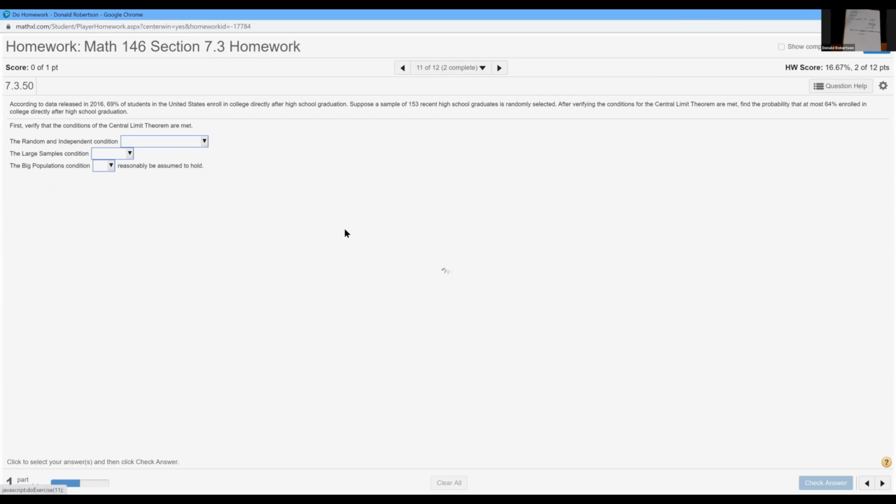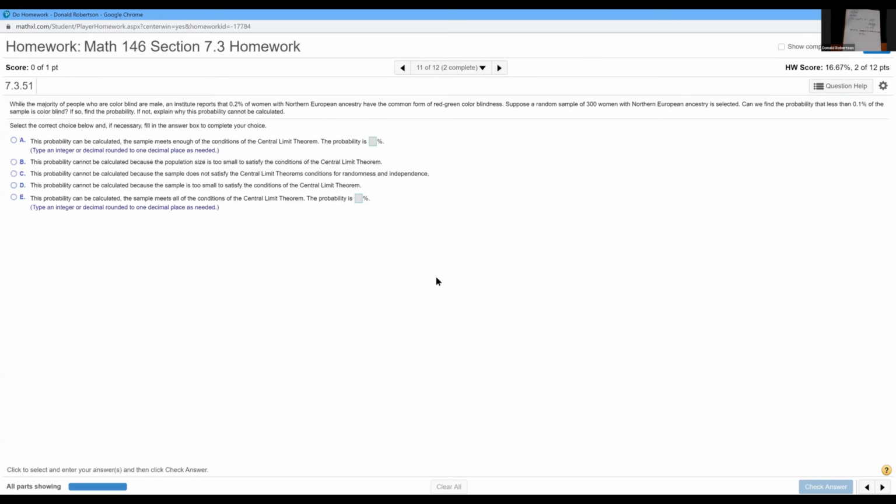So let's look at 11. In question 11, they give you a very similar story. What makes the last two questions different is that you don't get to use the central limit theorem. So let's show you why.